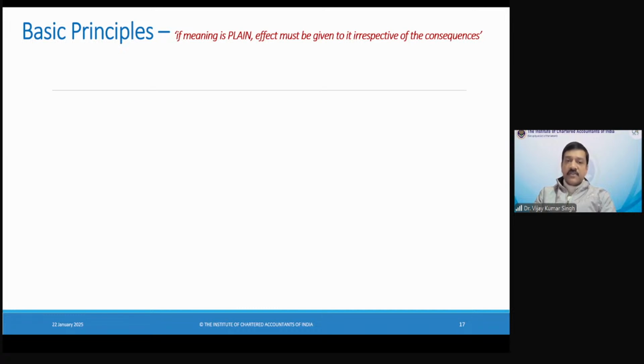During the demonetization period, you can say it may have caused certain problems to certain people, but the law was passed, and in the case on demonetization, the Supreme Court by majority upheld that demonetization was perfectly legal, even if the consequences of that interpretation were a bit harsh on the public.